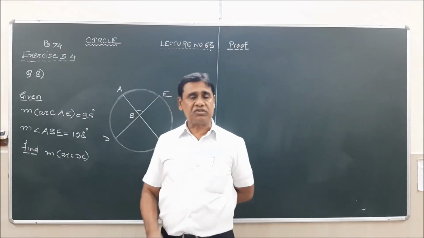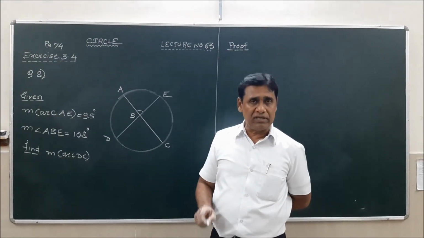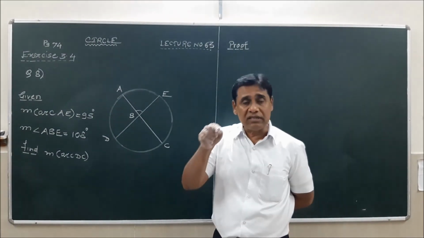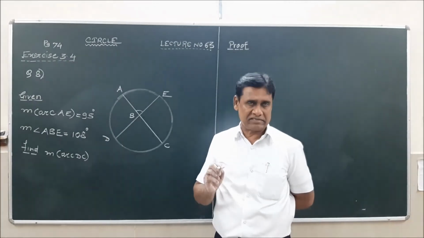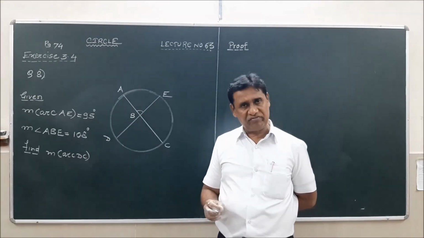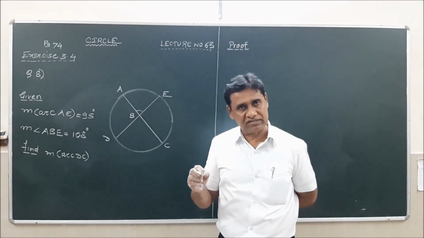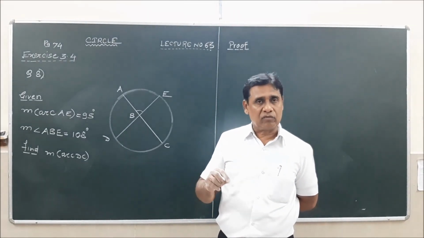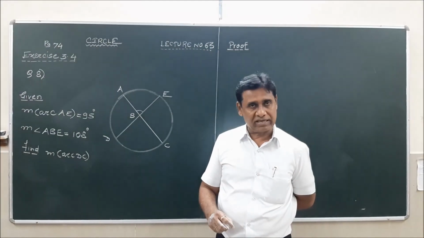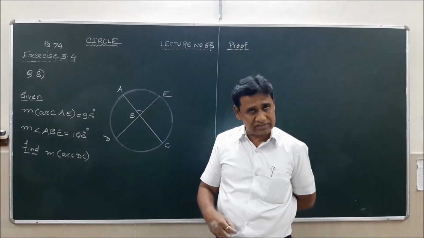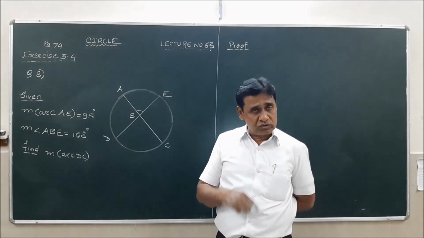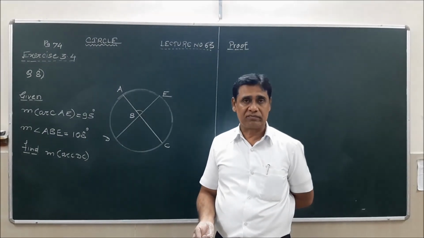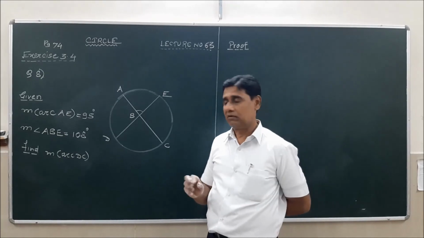What is the position of angle ABE? The vertex of angle ABE is in the interior of the circle. Very important to understand these things. If the vertex position is in the interior, then how to find the measure of that angle? When the vertex is on the circle, how to find the measure? When the vertex is outside the circle, how to find its measure? Very, very important things.